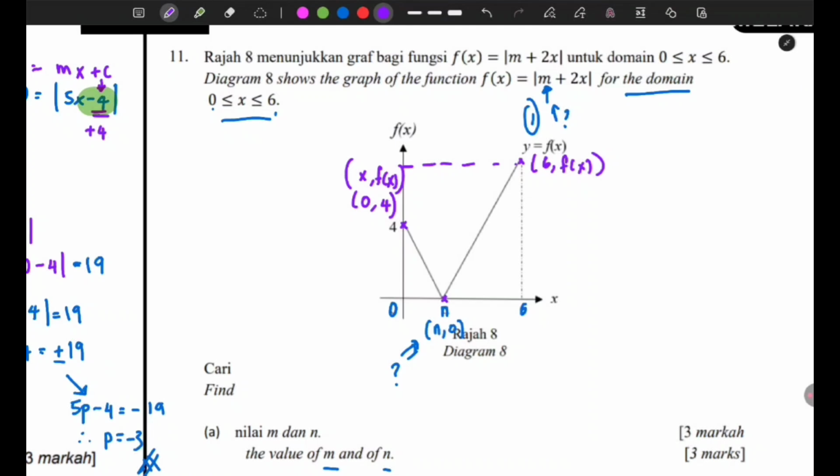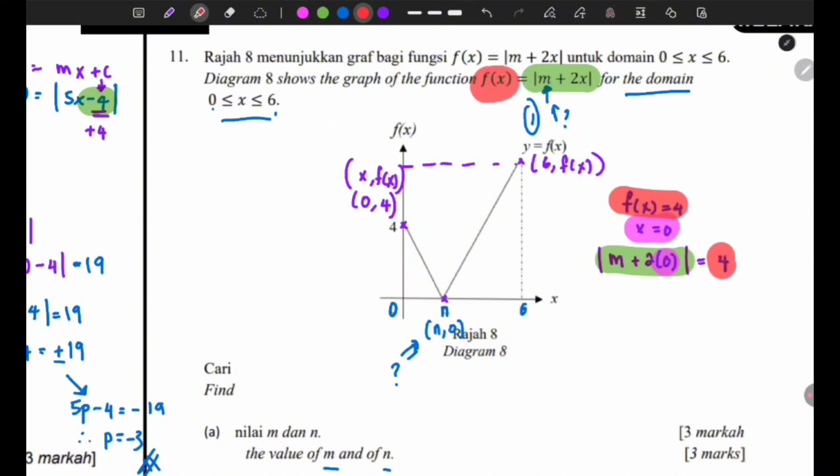So you can use this to substitute inside the equation and find out the m. Your f(x) is equal to 4 when your x is equal to 0. So I don't know my m, but I know my x is 0. Don't forget the modulus. This is equal to my f(x), which is 4.